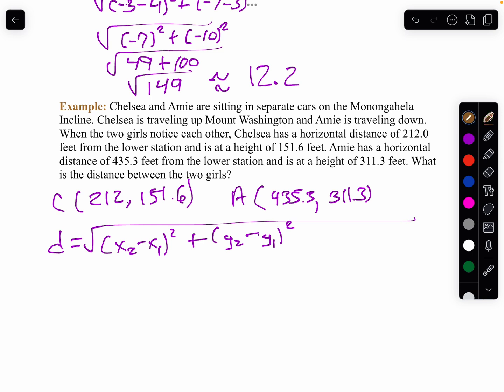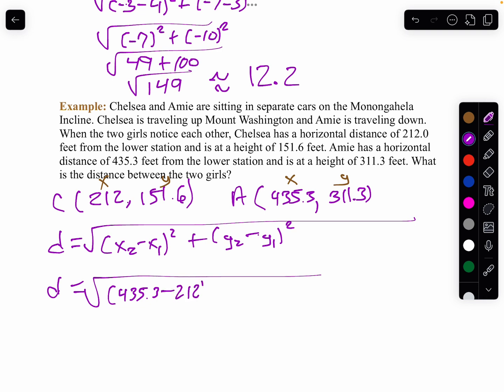So then we know x and y, x and y. Let's subtract our x's. So we're going to say 435.3 minus 212. We're going to square that.